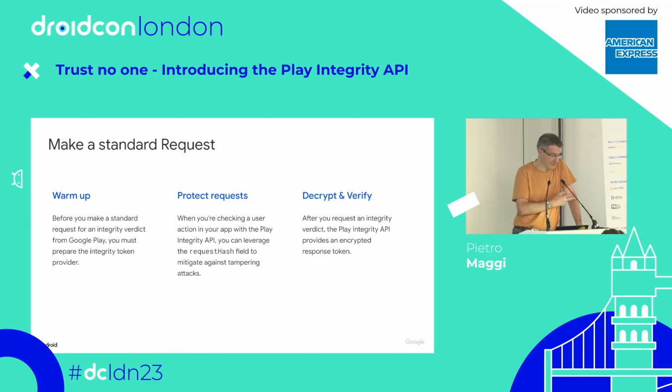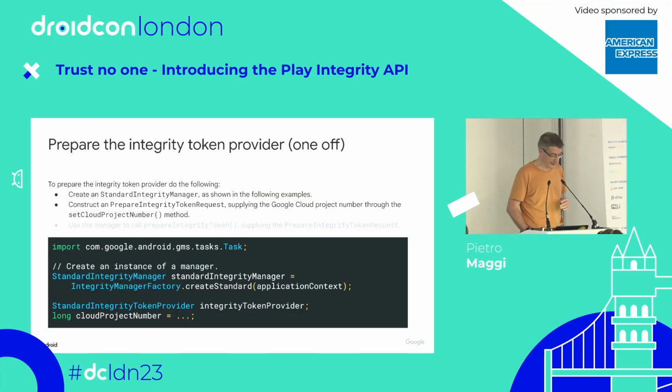It's a two-step flow with the warm-up and the request, and then you can decrypt and verify also on the device. Before you make the standard request, you need to build the integrity token provider. You build it using the standard integrity manager, creating a new integrity provider.